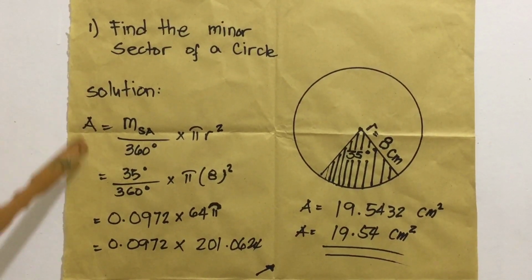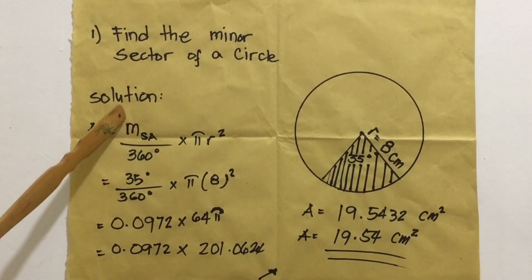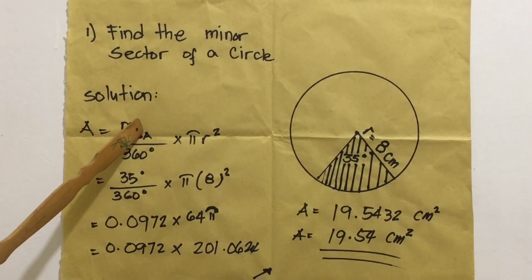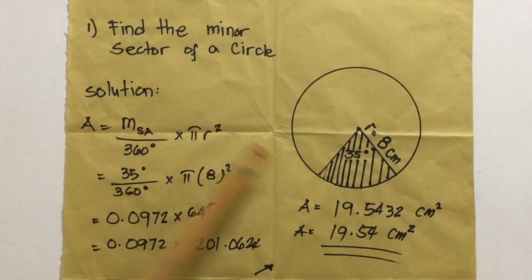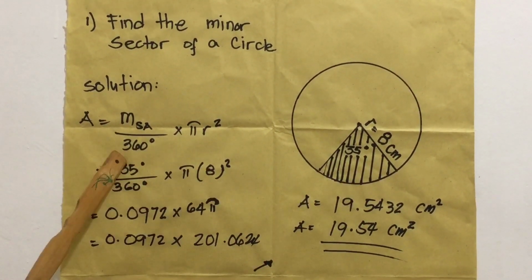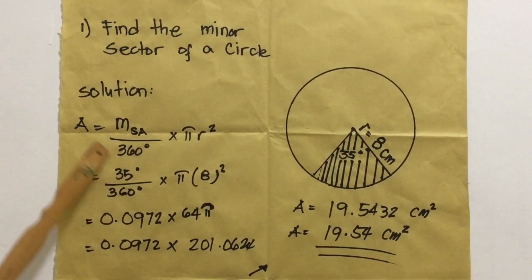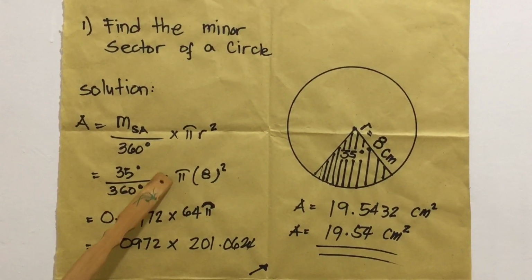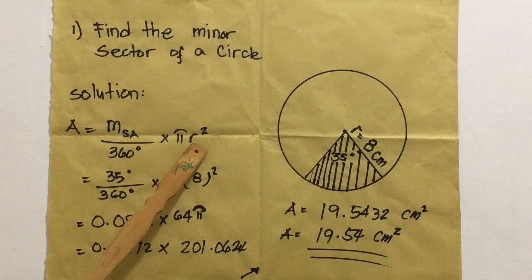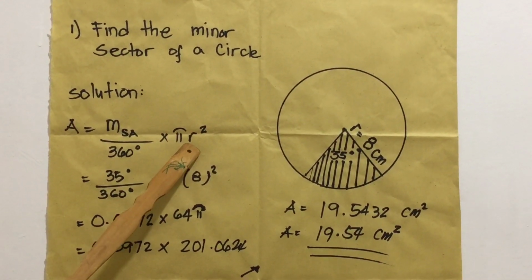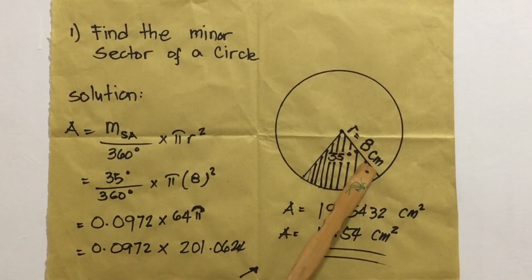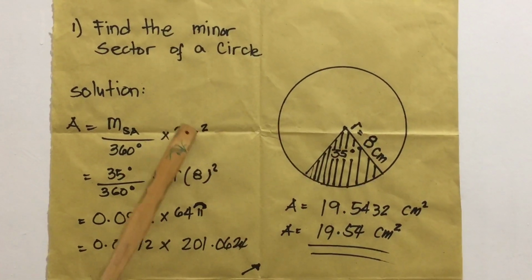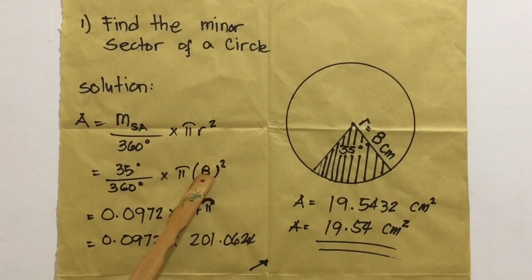So area is equal to the measure of subtended angle is 35 degrees. So we have now 35 degrees here. Then copy 360 degrees times the pi. And we're going to know what is the radius. Since the given radius here is 8 centimeter, we're going to replace r with 8.